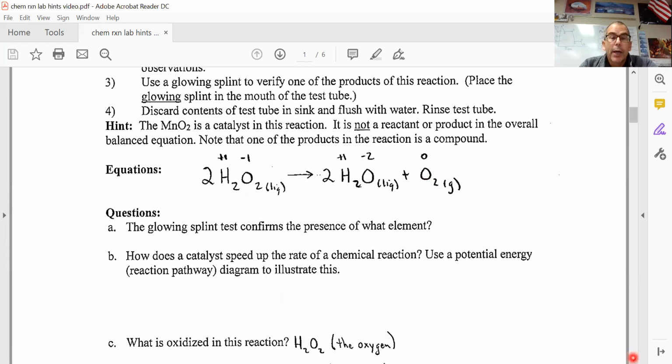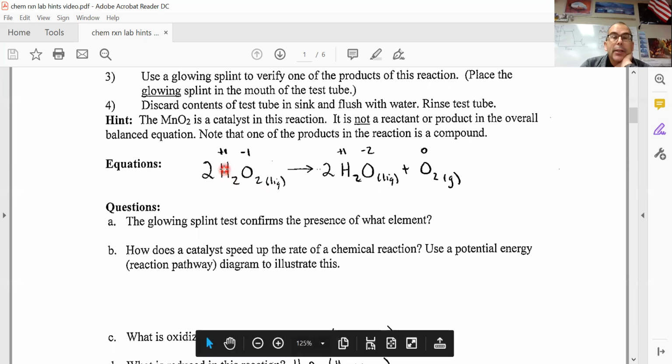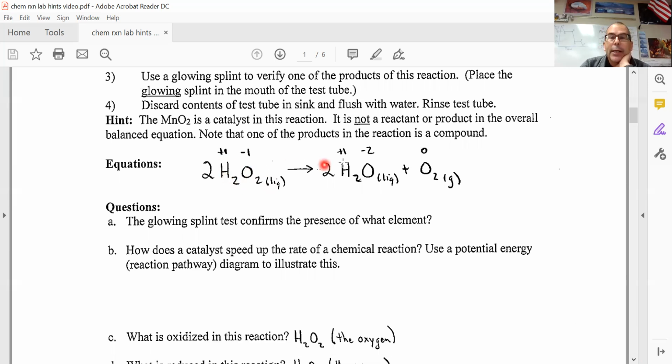Okay, I like this one. It talks about what's oxidized and what's reduced here. So I look at this and I got the hydrogen and the oxygen here, and hydrogen's +1 over here and hydrogen's +1 over here. Doesn't look like anything's happening. Oxygen is usually by itself, no charge, or in most things it's -2, but in peroxide, primarily hydrogen peroxide or maybe like sodium peroxide, okay, you get a -1 charge.